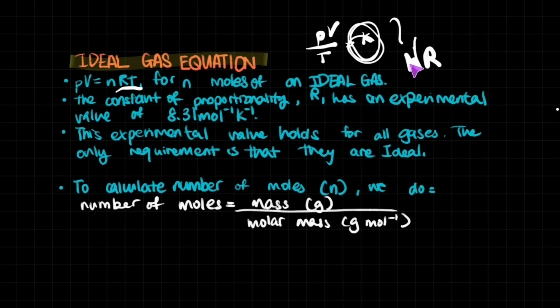What they individually represent is this: n represents the moles of an ideal gas. R represents the constant of proportionality, and it has an experimental value of 8.31 joules per mole per kelvin. What it means by an experimental value is that you just found it through experiments.